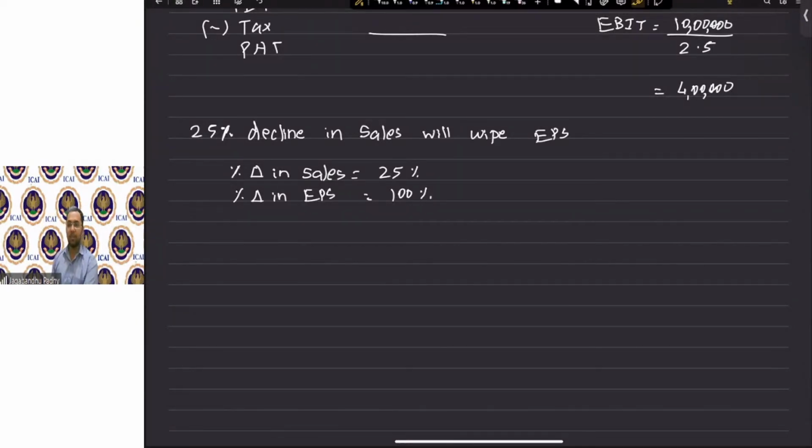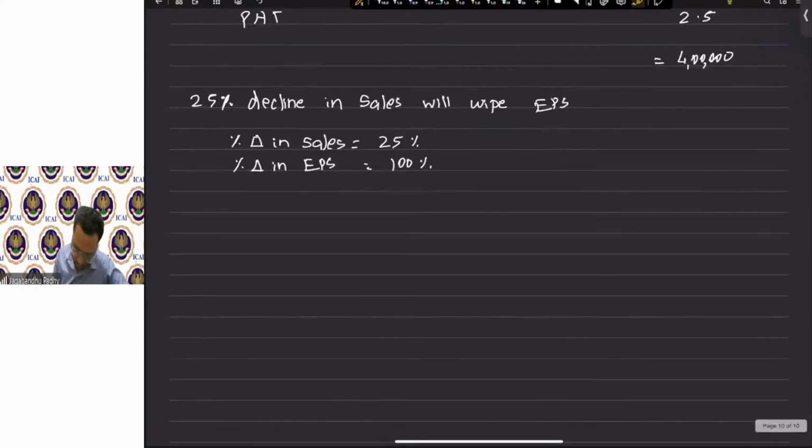Tell me guys, what is the leverage that we can use to connect the sales and the EPS numbers? Is it going to be operating, financial, or combined? Of course, the combined leverage, right?